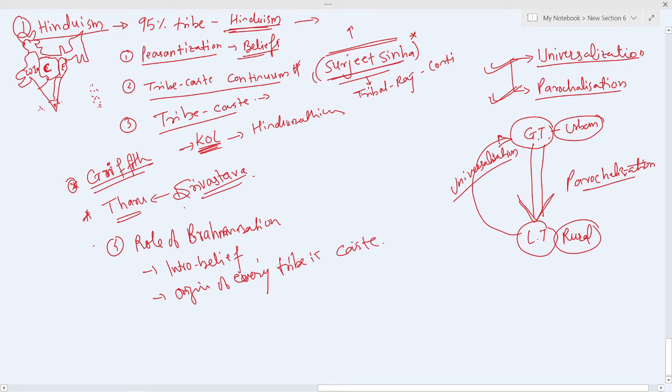And this is basically the impact of Hinduism, the interaction of Hinduism with tribal society.